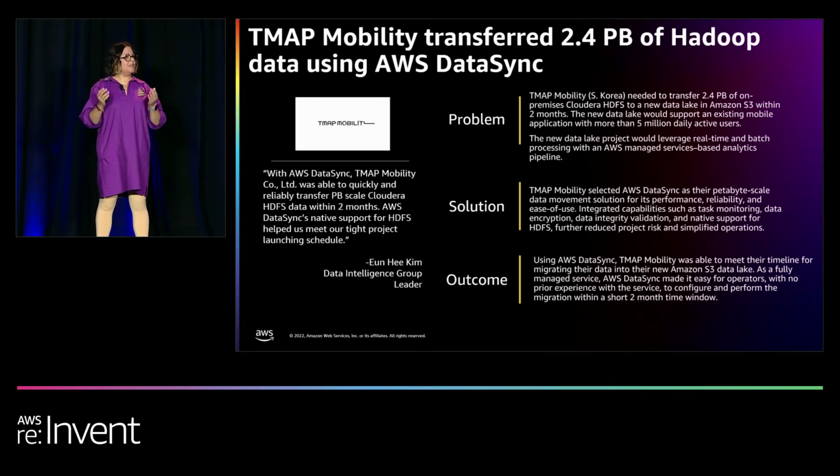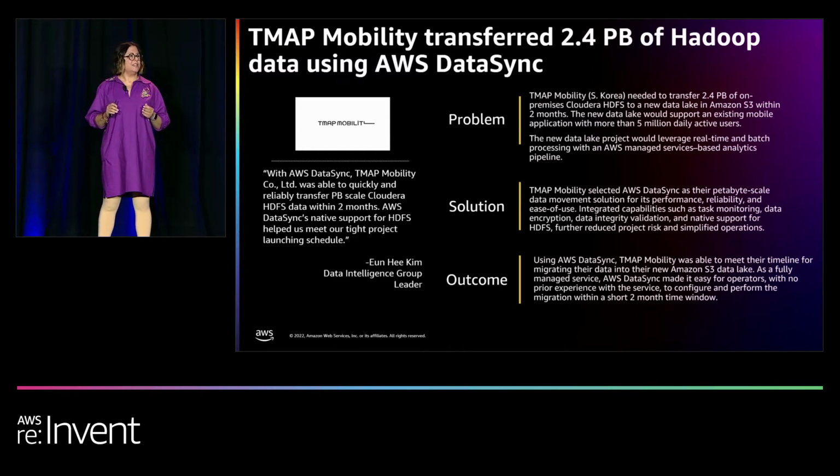As they already had a 10 gigabit per second direct connection to AWS, and they were not very familiar with using hardware devices, as most of the team consisted of developers, they decided to use AWS DataSync to move their data.